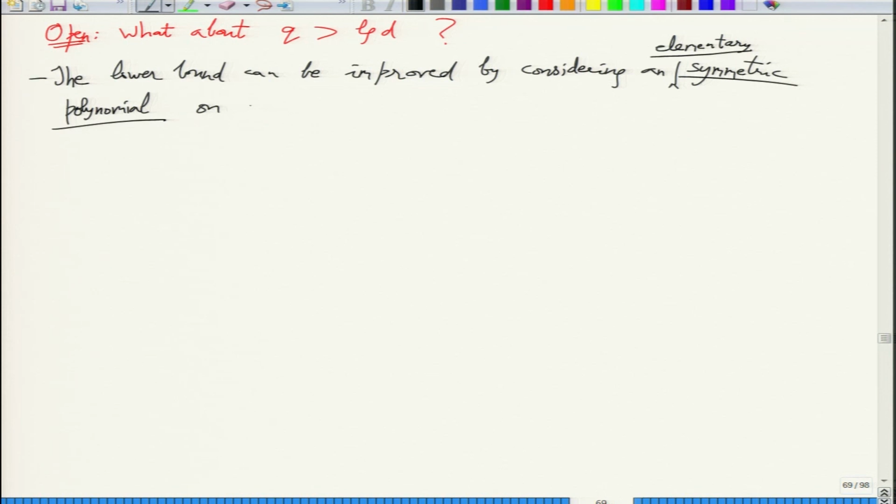So this is a polynomial on d square variables like determinant, and like determinant its degree is less than or equal to d, but its definition is very different.